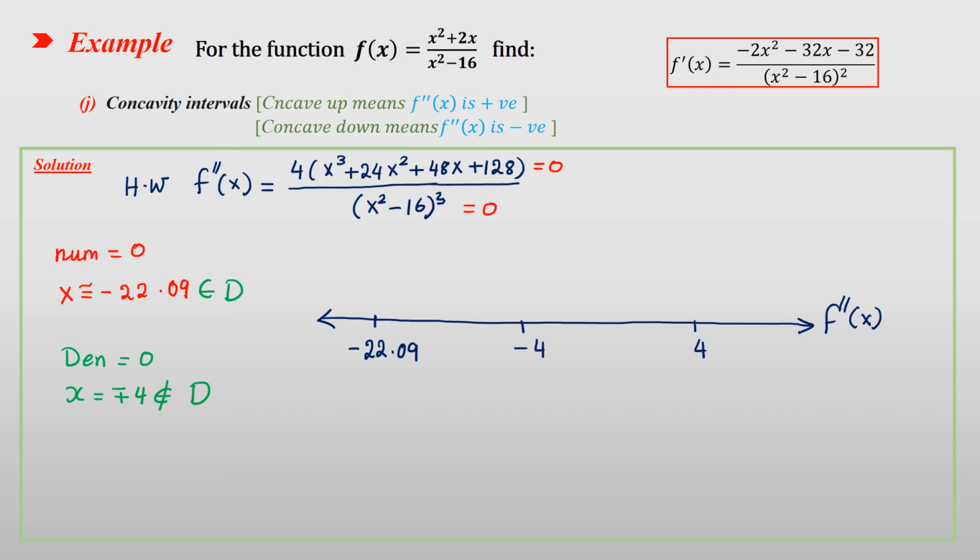Now you have to take points in each of these intervals to check the sign of the function f double prime. So here we can take negative 5, and you have to find f double prime of negative 5, and by using a calculator it approximately equals 1.99, which is positive.